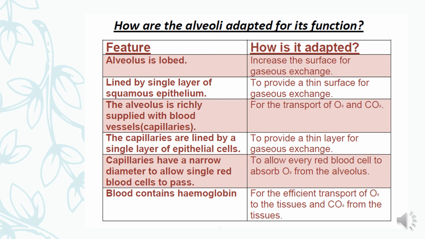It has these tiny little lobes that make it look like broccoli. That increases the surface for gaseous exchange. It's lined by a single layer of squamous epithelium. The reason for that is to provide a thin surface for gaseous exchange.